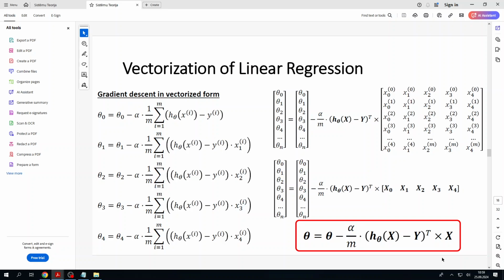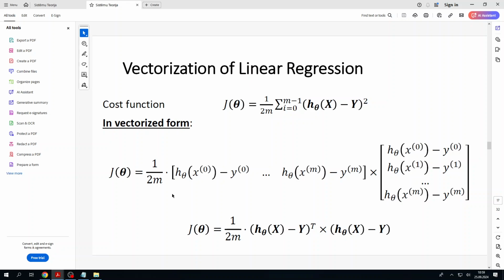This kind of a method, yes. The only thing is that now your derivative might change, but as I already have mentioned, it will remain the same. And absolutely definitely, your hypothesis already has changed, and your cost function also needs to change.